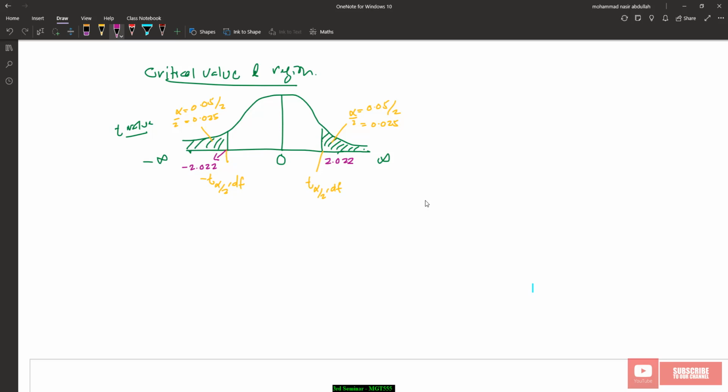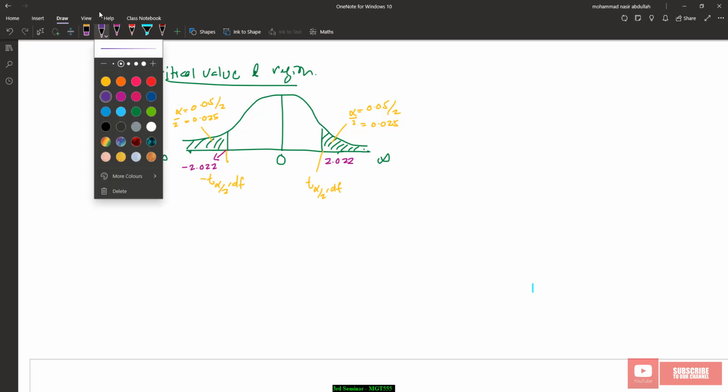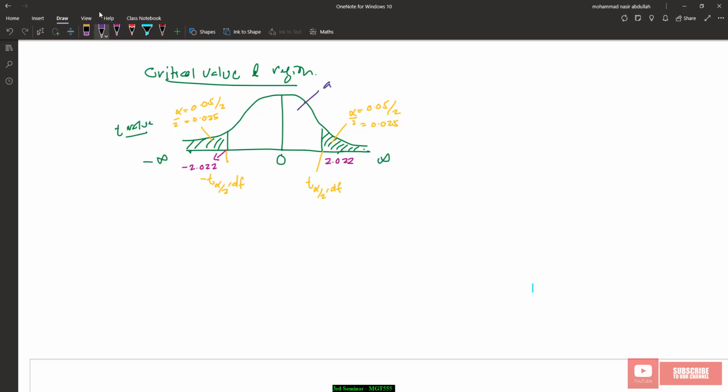So this is the area. This is the critical region. So what does it mean here? This is the acceptance region. And this is the rejection region. This is also a rejection region.